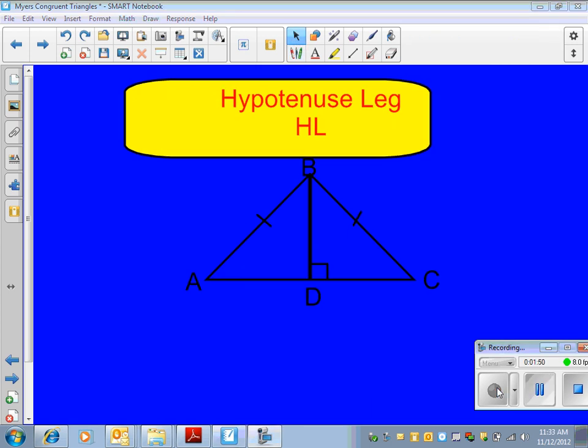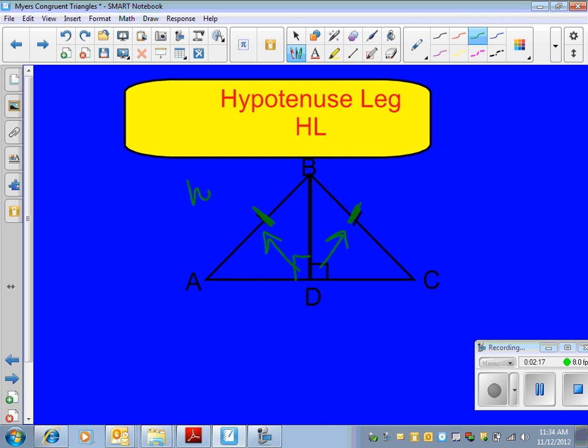Now, in order for the theorem to work, we need the hypotenuse of one triangle to be congruent to the hypotenuse in another. And we need a leg of one triangle to be congruent to the leg of another. I see a 90-degree angle here, 90-degree angle here. Across from the 90, I see a tick mark. Tick mark represents a side. I have one arc here and one arc here.